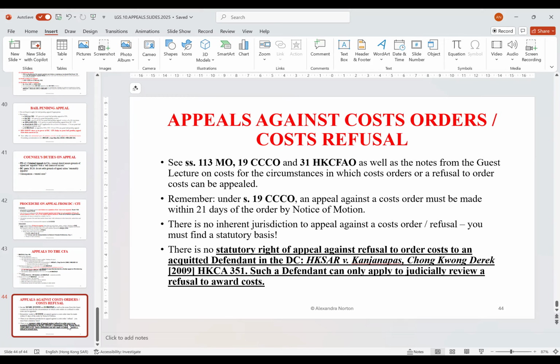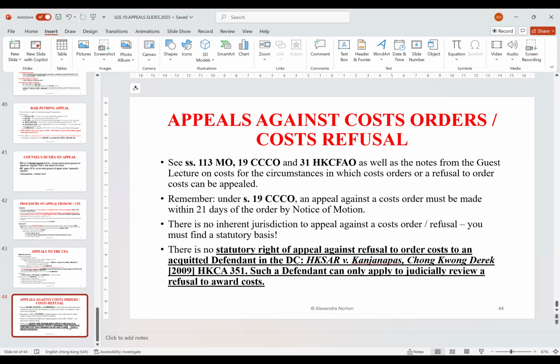So remember, there's two sides to costs, right? If the defendant is convicted, then he may be ordered to pay the prosecution's costs as well as his costs, okay? So he has to bear both sides' costs. He could appeal that costs order in the district court.